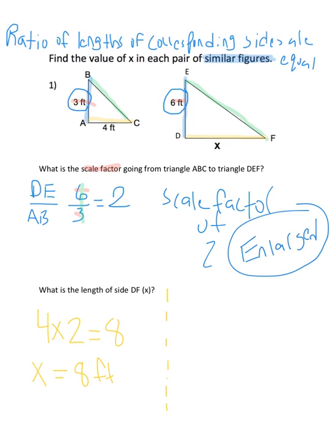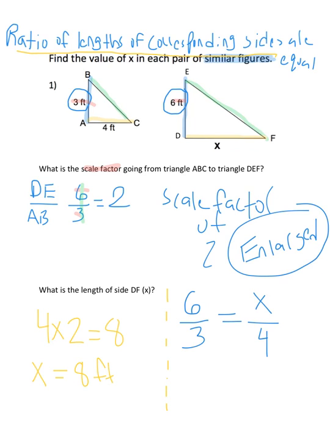The other method is using a proportion to find the missing side length. So once again, we know the definition of similar figures. The ratios of the lengths of corresponding sides are equal. That tells us, if we use that ratio to find the scale factor, that 6:3 ratio, we know all ratios of side lengths must be equal. That tells me this ratio, 6:3, must equal the second ratio, which would be x/4.